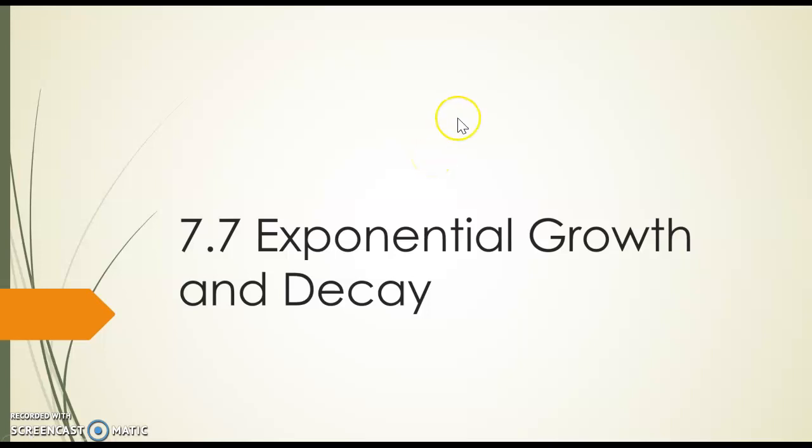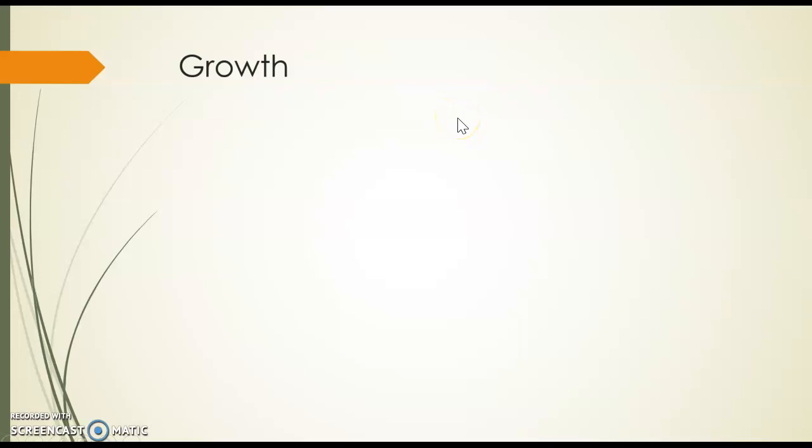So growth can be modeled by a function y equals a times b to the x, where, as always, a does not equal 0, or actually this says a is greater than 0, and b is greater than 1.